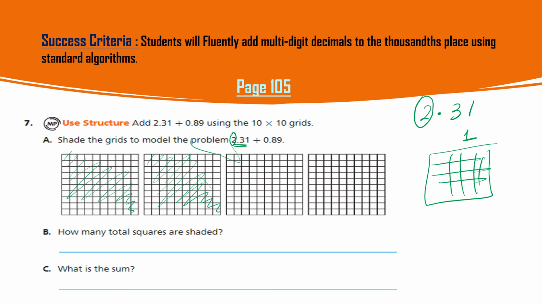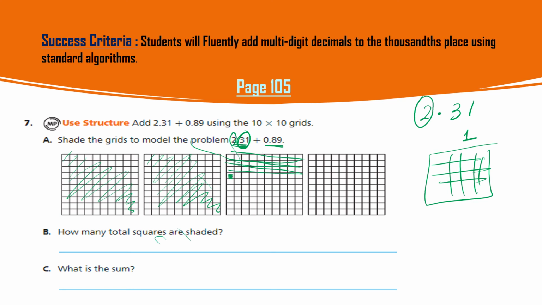Now 0.31. So from the third grid, you have to only shade 31 boxes, right? So here this is 10, this one will be 20, this one will be 30, and this is 1. So 31. You did it. Now after that, add 89 also. Okay, so add 89.